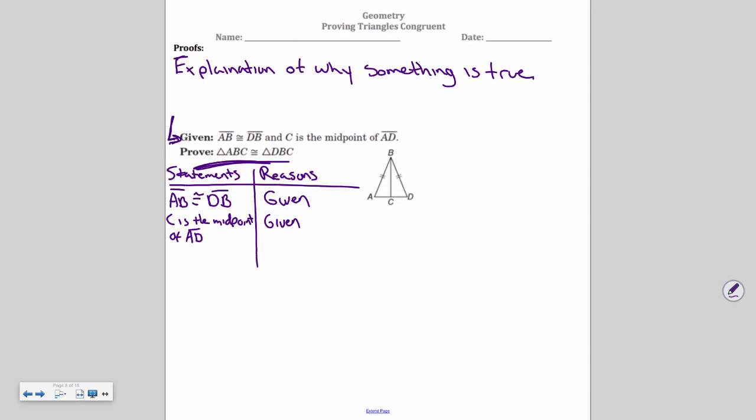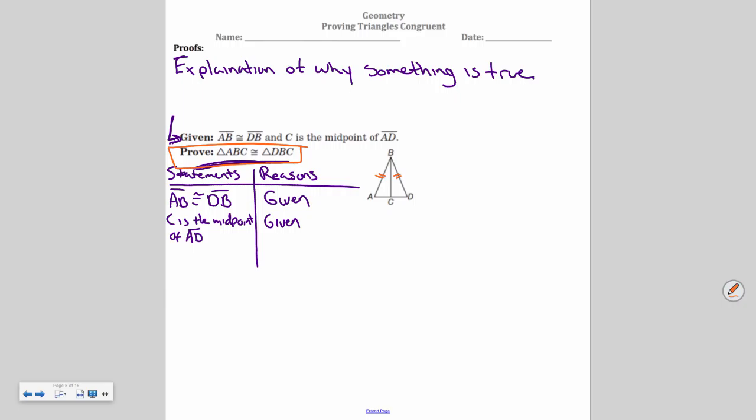Now, this right here is what I have to prove, so that is the last statement I'm going to make. I have to go by these two things that I know. AB is congruent to DB is already marked here. Those are the sides that are marked.